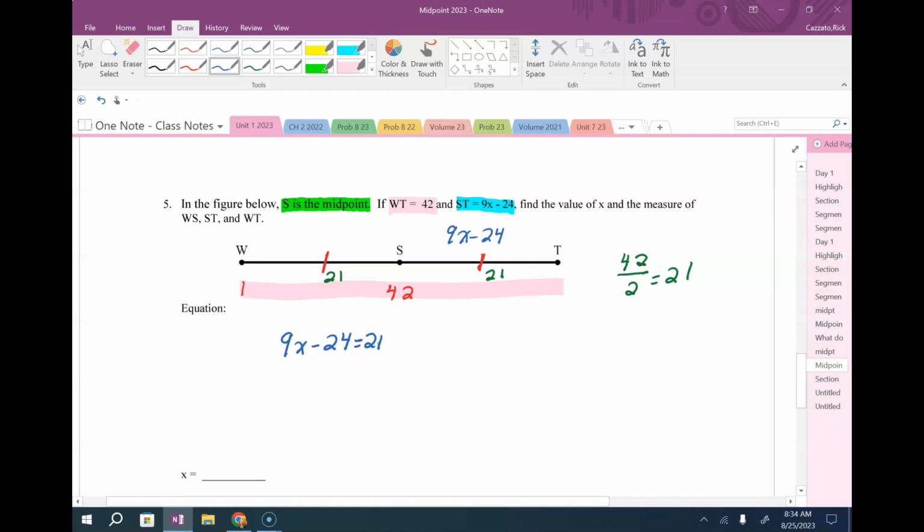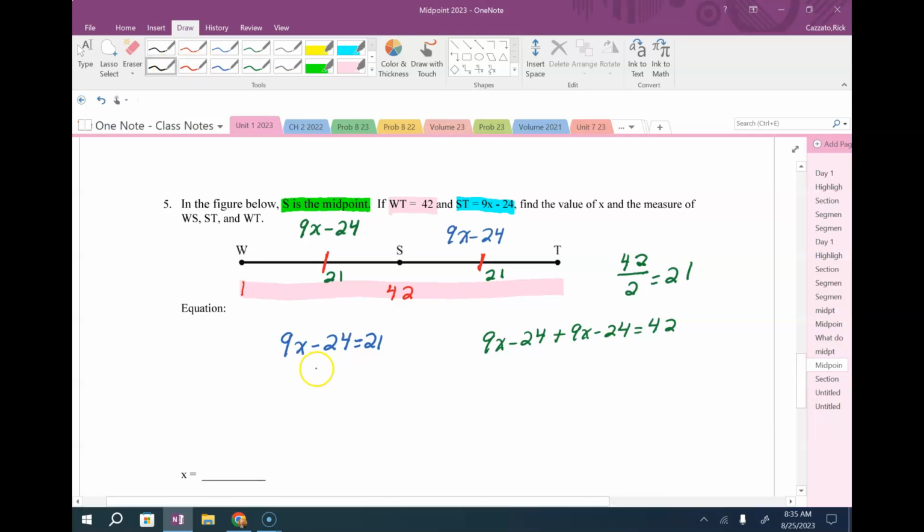Others of you in class said, well, if ST is 9x minus 24, then WX is 9x minus 24. And then some of you wrote 9x minus 24 plus 9x minus 24 is equal to 42. Meaning you use the idea of little plus little is equal to big.